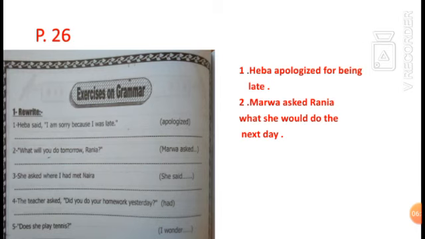Number 3, she asked where I had met Nayera. She said. In this sentence we are going to change from indirect into direct. She asked me where I had met Nayera. She said to me, where have you met Nayera?